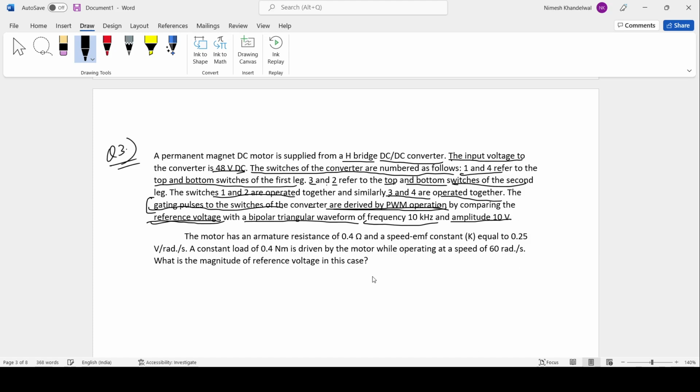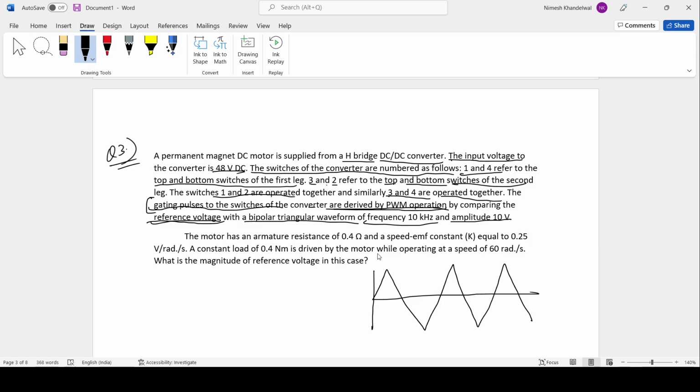Essentially what it wants to say is we have a bipolar triangular waveform. A bipolar triangular waveform is a waveform like this.